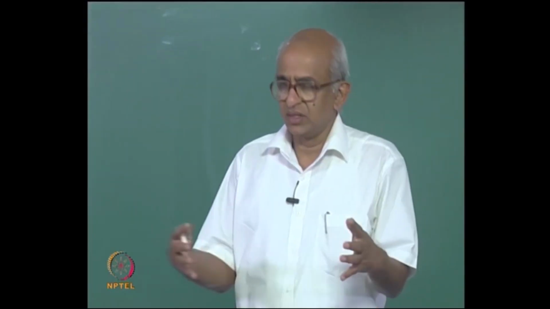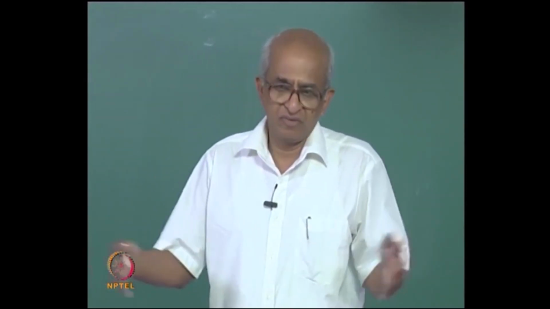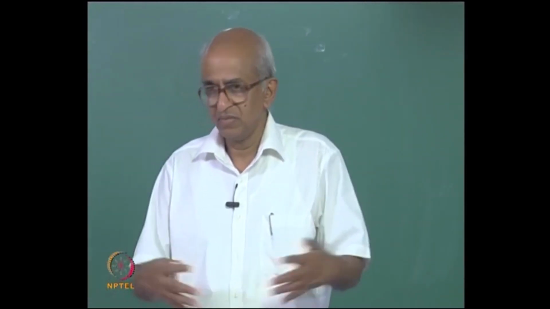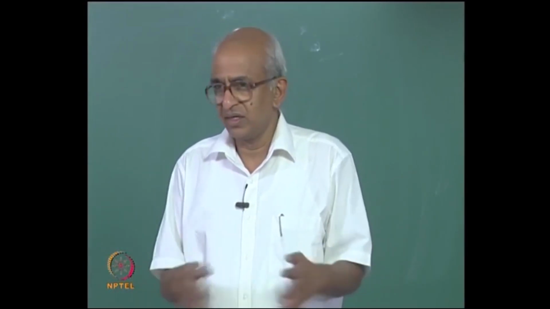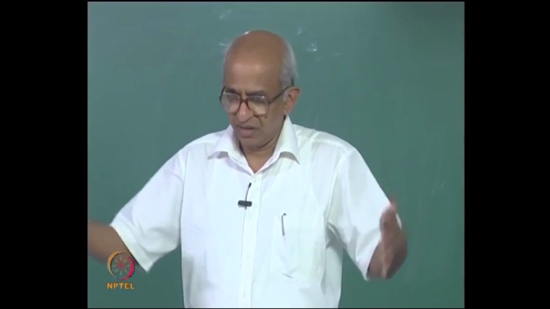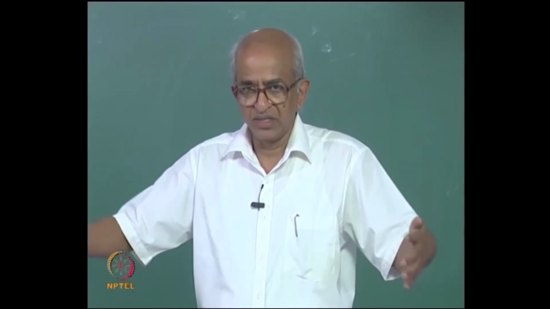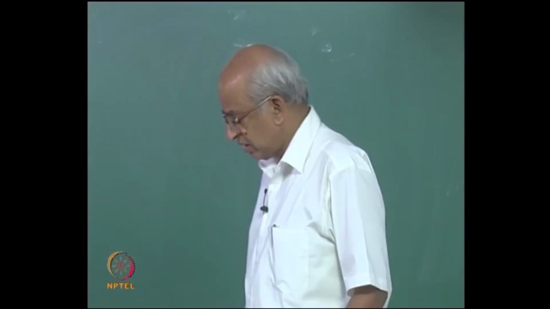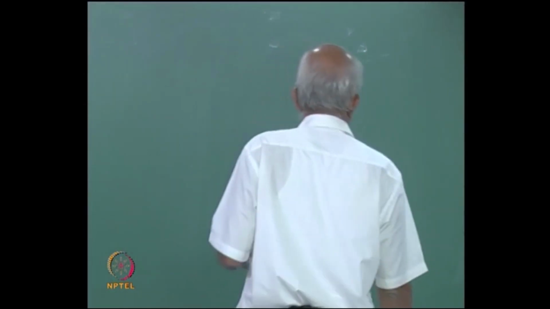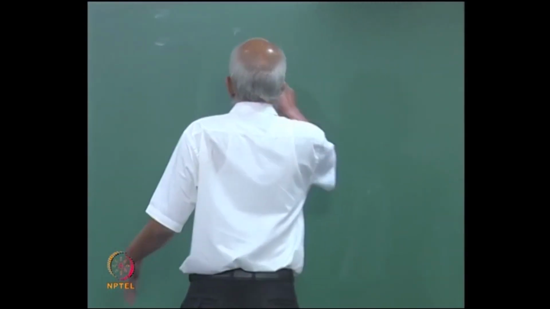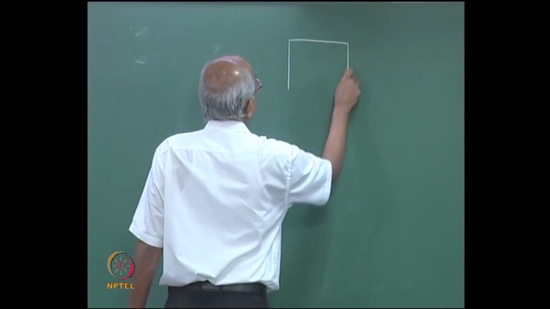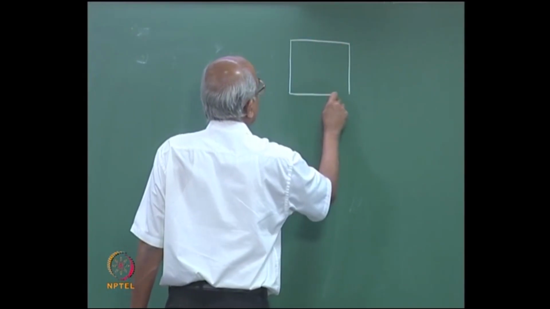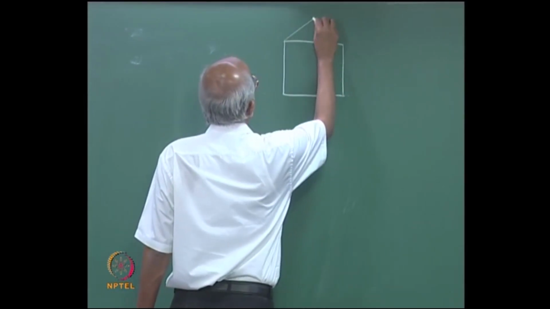So, we had seen this simple model for a conjugated system. The simple model was that you have a particle which is moving in one dimension in L, and it is confined to a region of length L. But now suppose I have a piece of metal, nicely shaped, something like that.